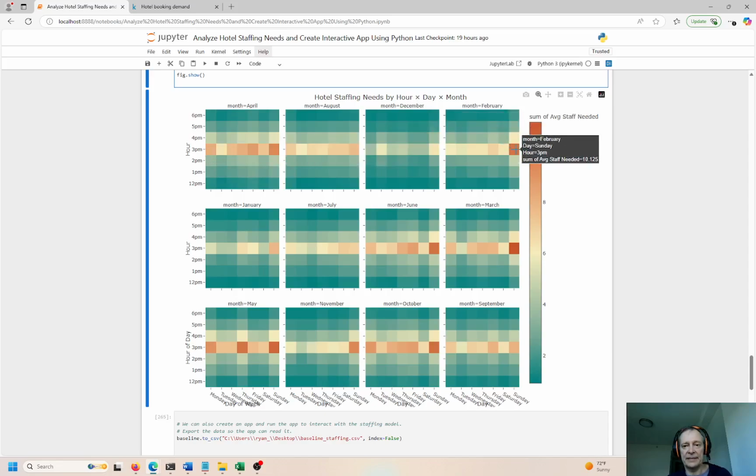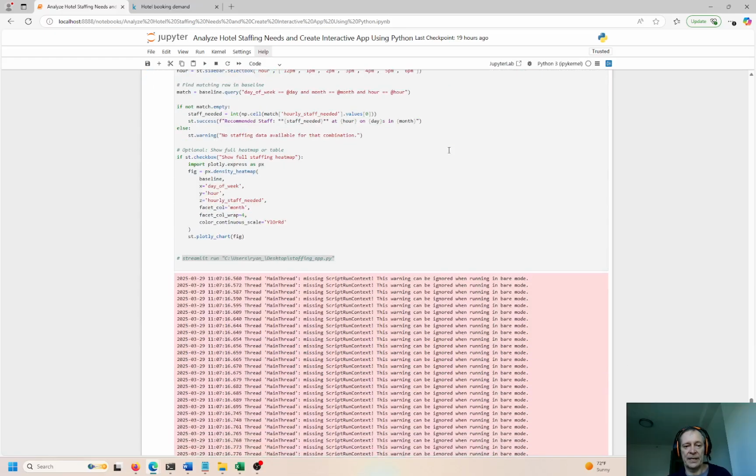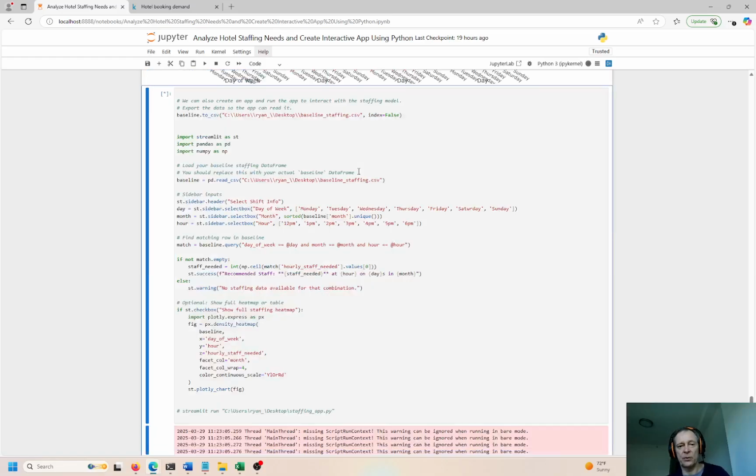And Sundays is pretty busy. Saturdays is not so busy. Mondays is probably pretty dead. You only need 6 staff over here, and you need almost double over here, 10.125. So there's no 0.125 staff, that doesn't exist, but maybe 10 people over here and 6 people over here on a Monday in February.